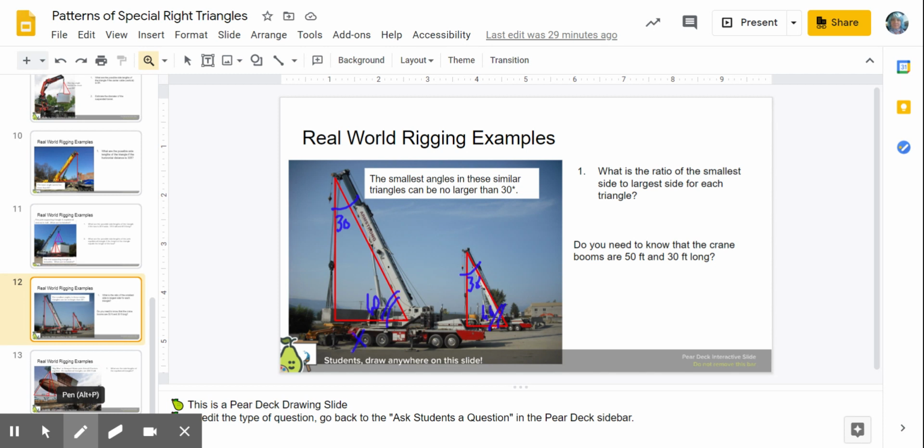So small side to large side and small side to large side. What's the ratio of small to large?